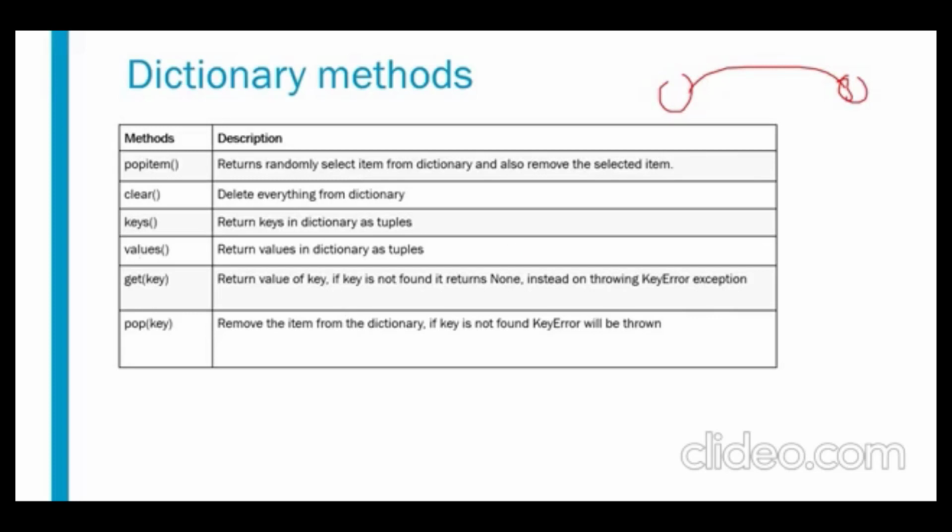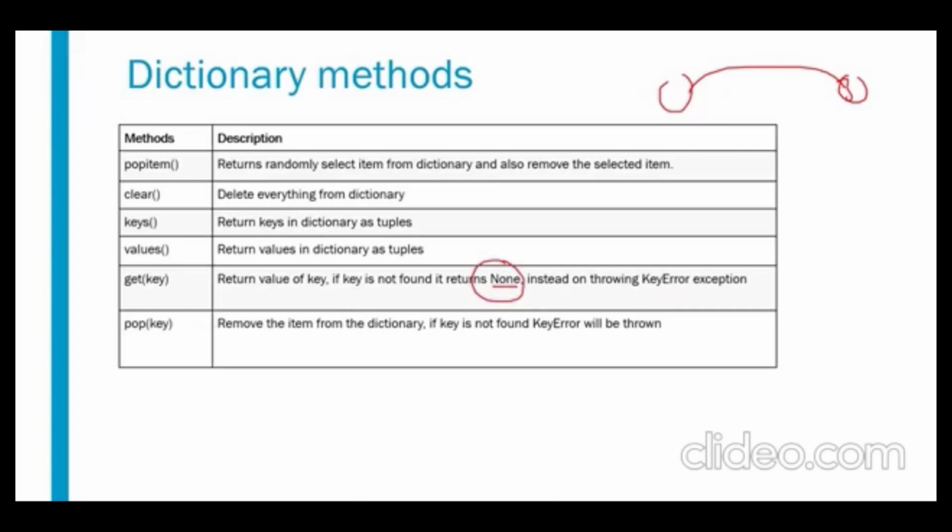And get of key, this function will return the value of the key. When I pass a key, the corresponding value will be returned from the dictionary object. If the key is not found, it returns None, instead of throwing a KeyError exception.